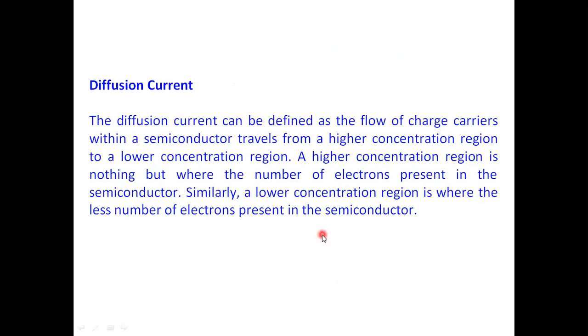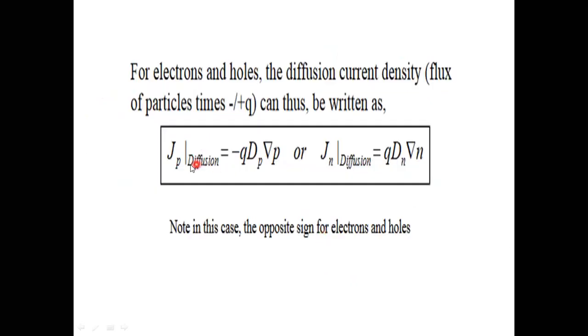So let us move on to current density now. Jp diffusion equals minus Q Dp del p, where del p means dou p by dou x, and x is the length of the semiconductor material.